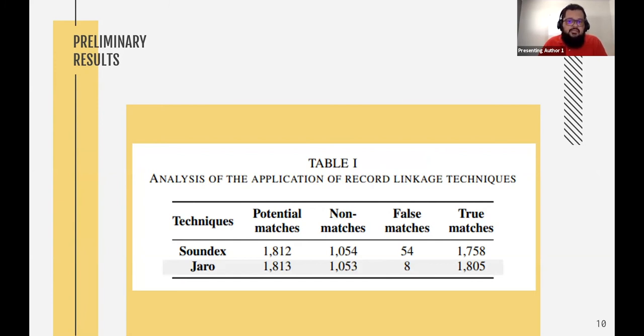Jaccard showed better results than Soundex, with final results of 1,805 real matches for Jaccard and 1,758 for Soundex. The records identified as false matches were verified individually. When the researcher identified that the pairs of matches were not the same entity in the real world, the records were classified as false matches.